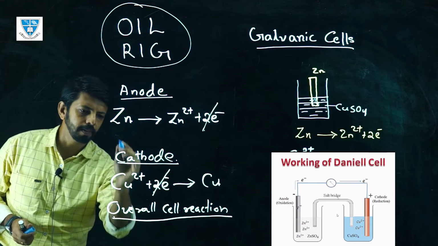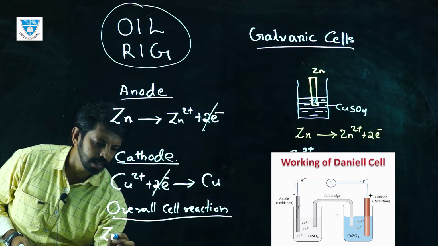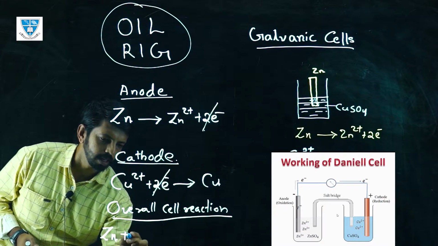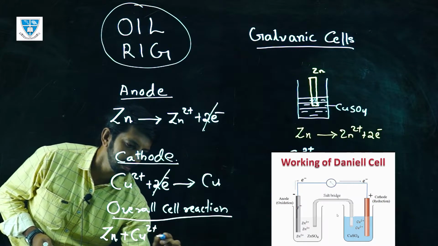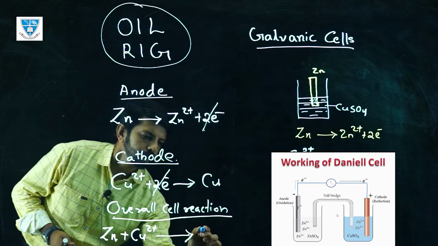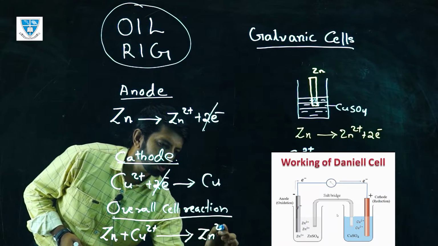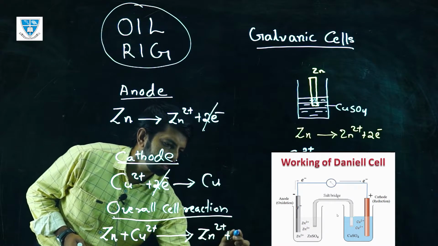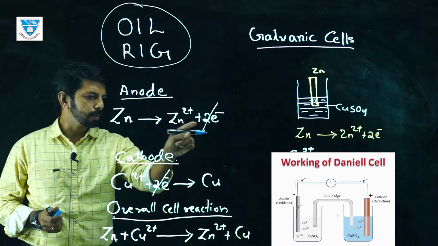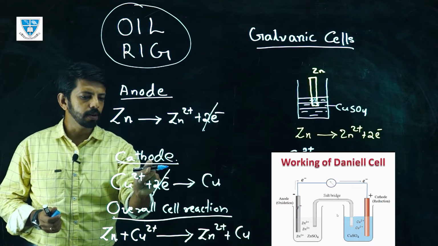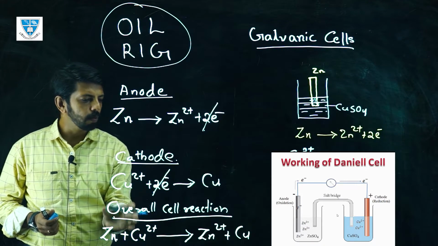So when we add, the reaction is Zn plus Cu2+ gives Zn2+ plus Cu.